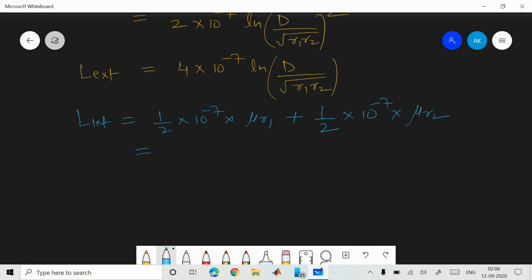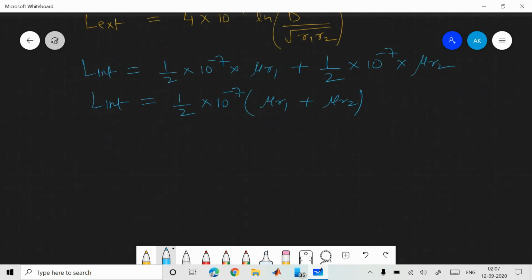Okay, now half into 10 raised to power minus 7 common, mu r1 plus mu r2. This will be your L internal.